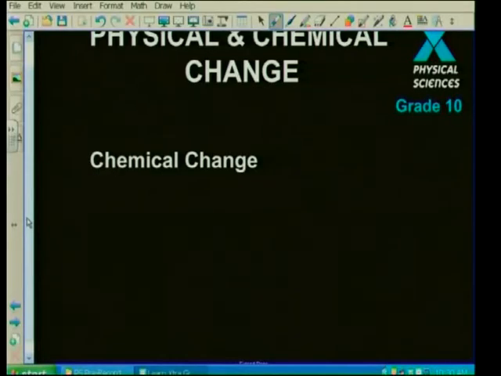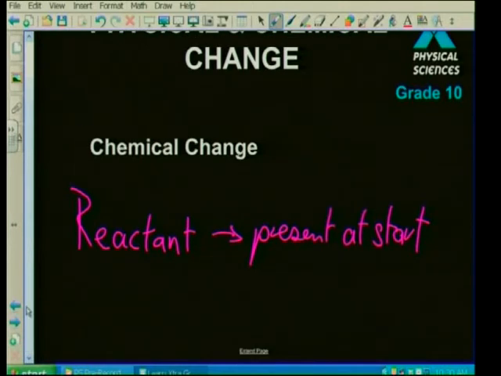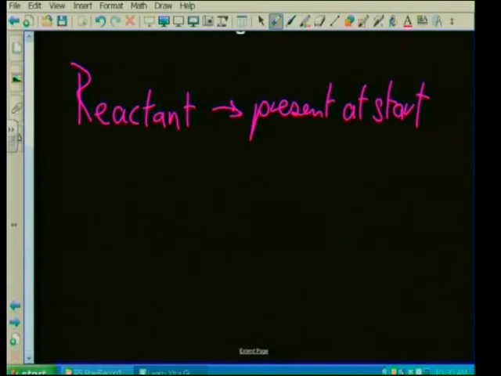What we're going to say is that at the start, we have molecules that are known as reactants. Those are present at the start. So in the one case of that sugar experiment that we've just seen, your reactants would have been your sugar and your sulfuric acid molecules.